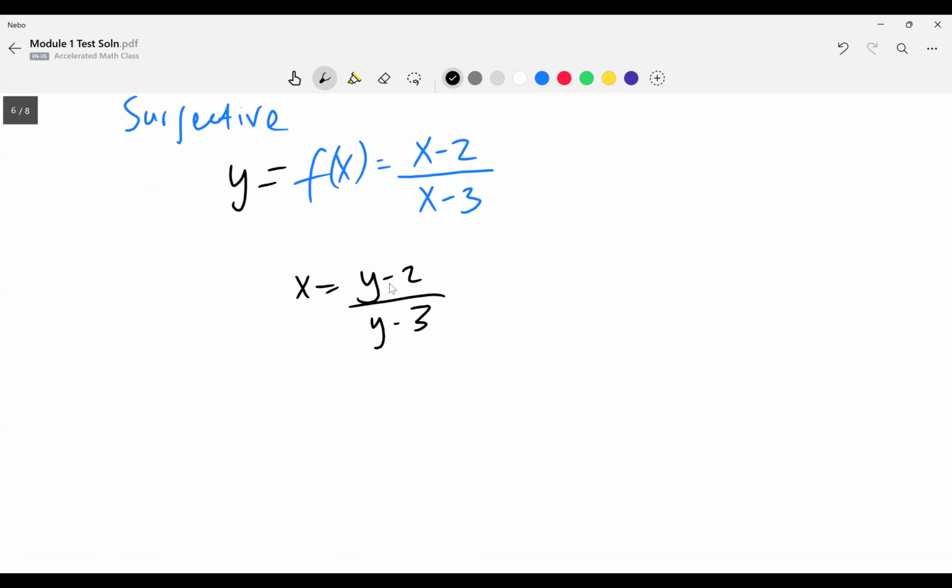Okay, we're going to multiply and solve for y. So we're going to have y minus 3 times x equal y minus 2.